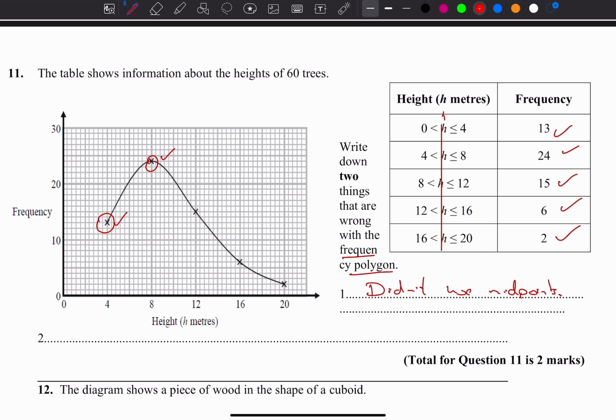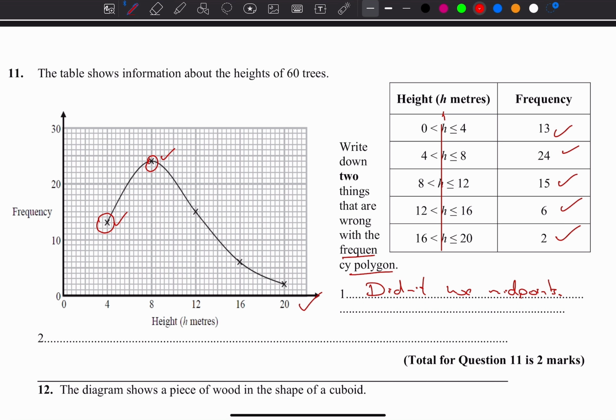Okay. Does it go up in the same values? 0, 4, 8, 12, 16, 20. Good. Frequency is fine. Okay. What else? Is it 13? Okay. Did they put the units on there? Yeah.